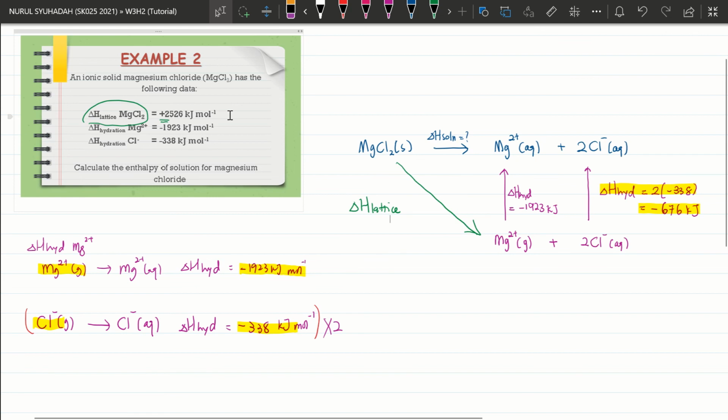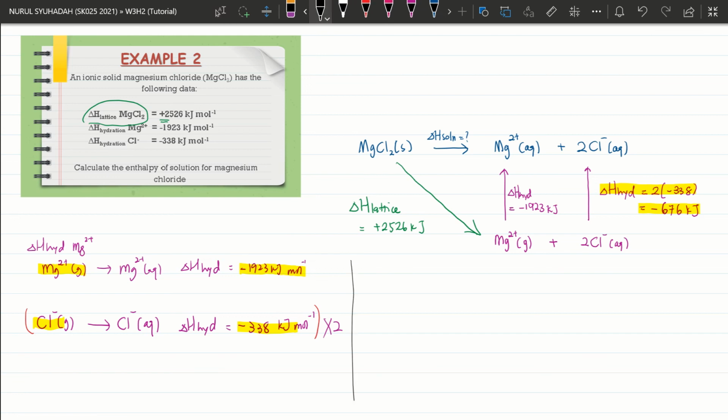You must change it to positive, because our arrow is compulsory to be downwards. So equals positive 2526 kilojoule. Remember again, the unit must be only in kilojoule.